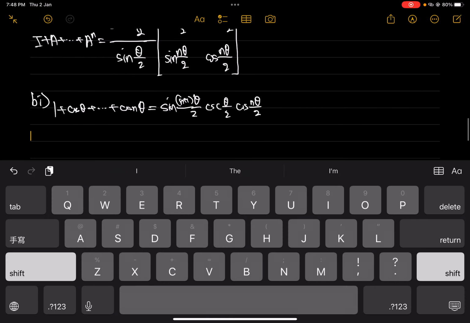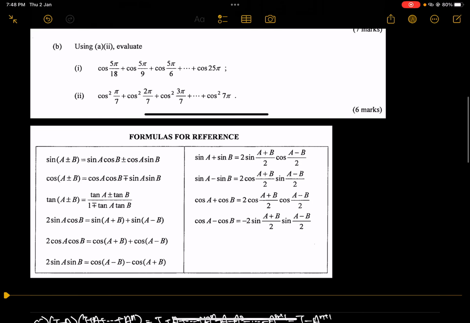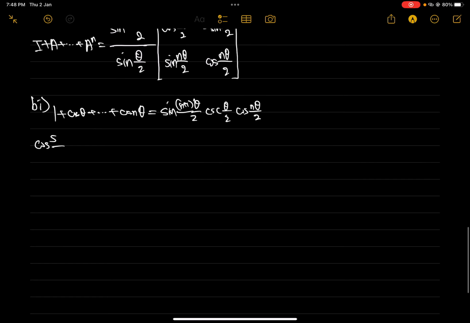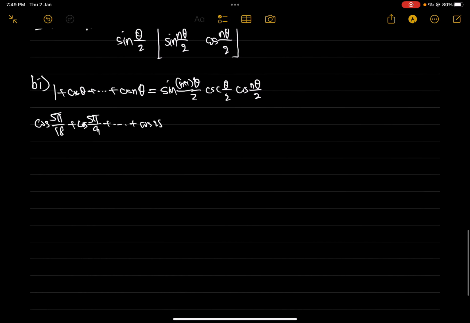So we have cosine 5π/18 plus cosine 5π/9 up to cosine of 25π. Obviously θ is 5π/18, and then n is 25 divided by 5/18, which is 90.